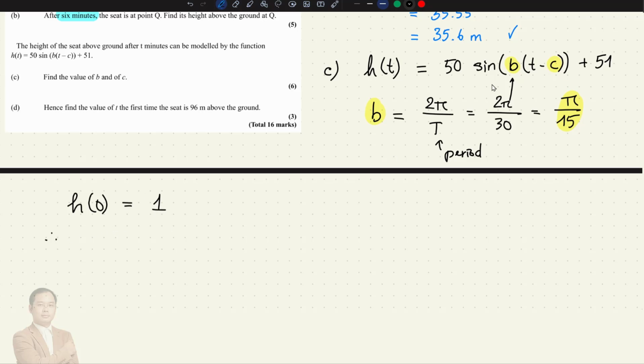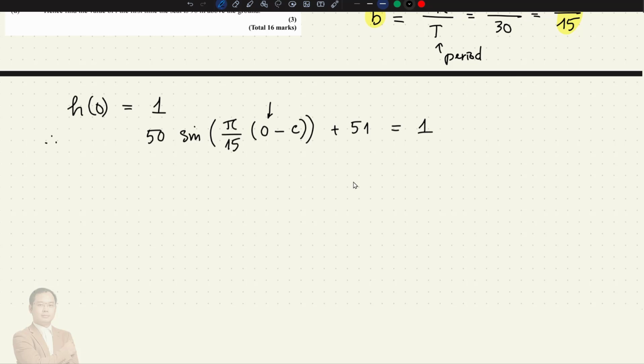Now substitute the time into 50 multiplied by sine of b, which we found is pi over 15, times the time 0, minus the value c that we are finding, plus 51, and this equals 1. Now we need to solve this equation to find c.